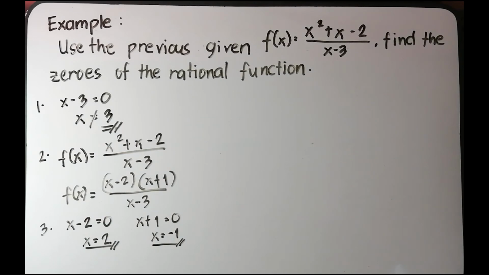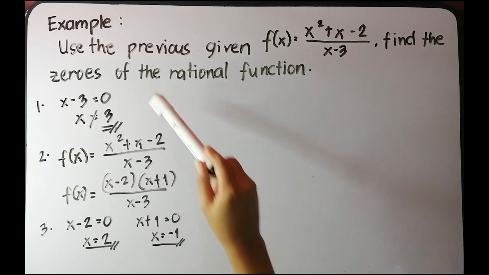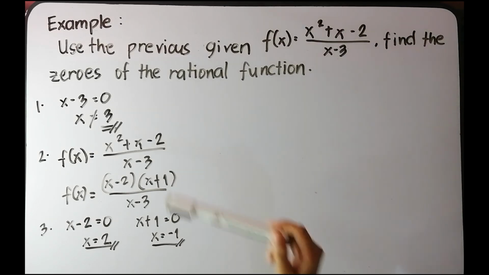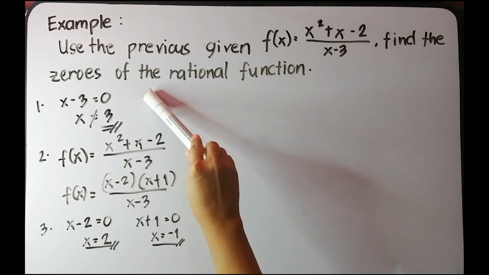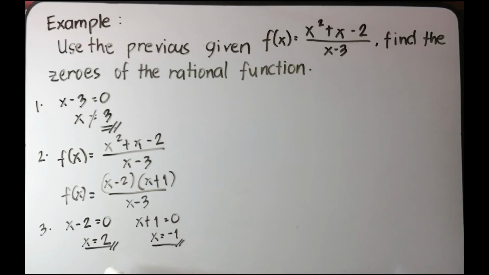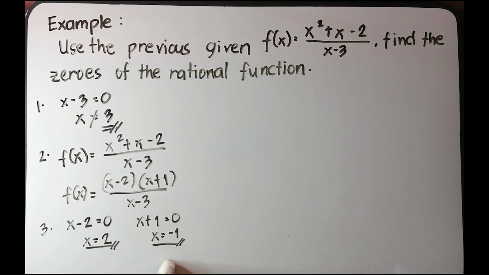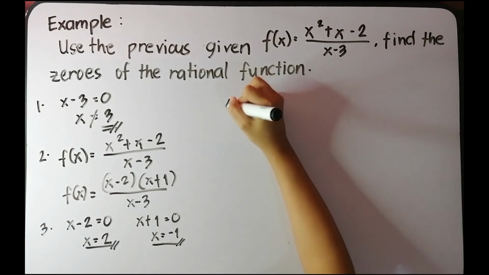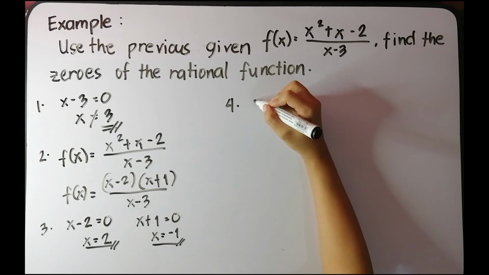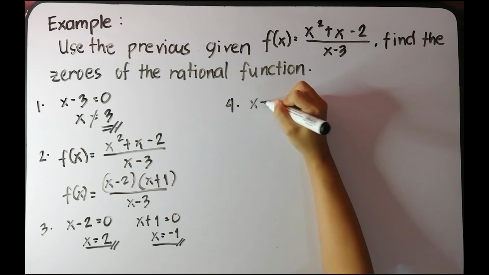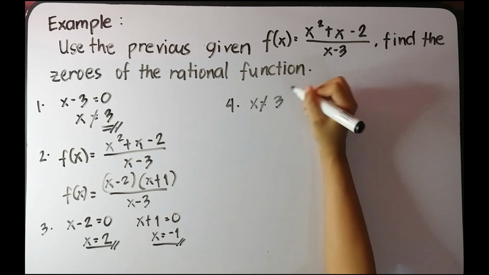For the fourth step, the zeros that we got in the third step should be compared to the restrictions. If there are values here that are also the same as your restrictions, we cannot consider them zeros. Okay? So let's try. For the fourth step, we have the restriction: x should not be equal to positive 3.